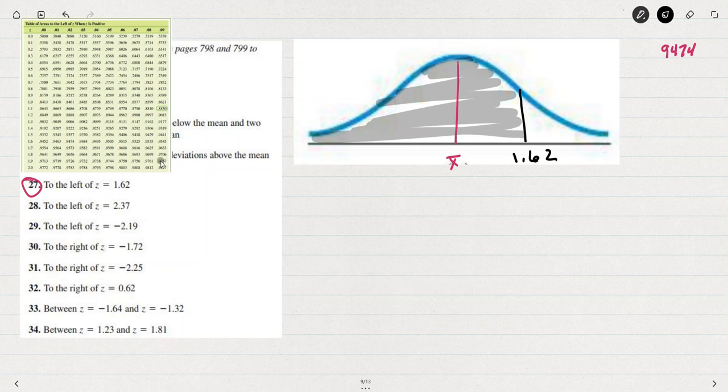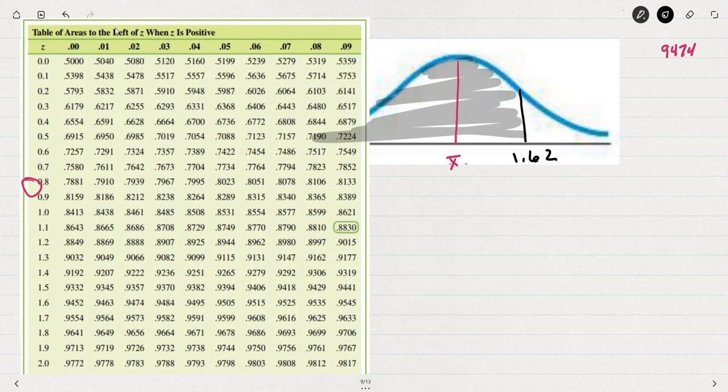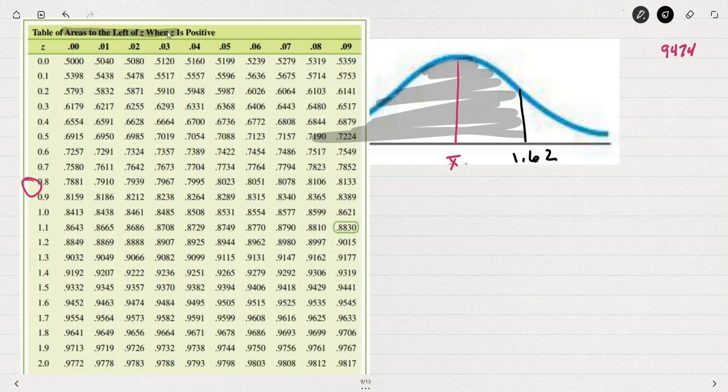If you enlarge the chart, you can see that this chart is giving us the area that's to the left of z. So if we're going to look for z equals 1.62, here's 1.6, and 0.02 is this number, 0.9474.